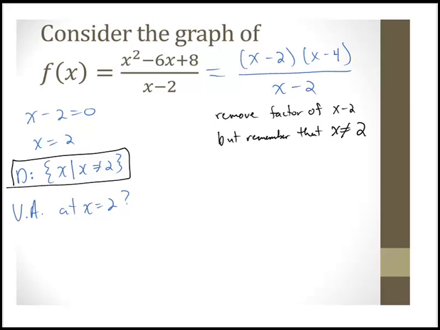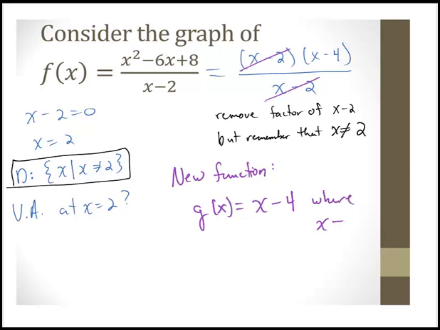So, we have a new function, call it g of x. G of x, I remove the factor of x minus 2. G of x is x minus 4, where x cannot equal 2.